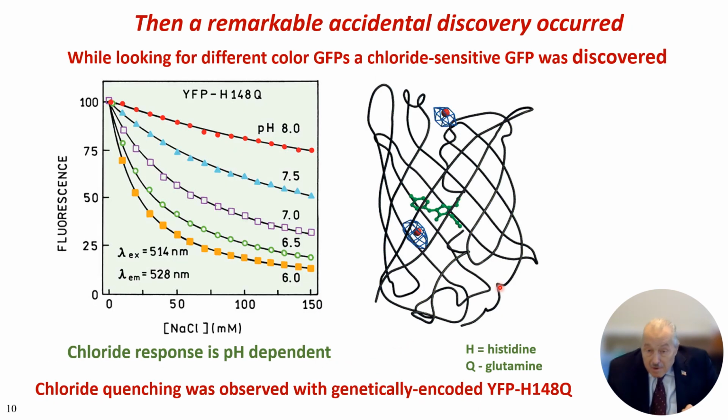Then we had a remarkable discovery, which changed how chloride concentration measurements would be done in the future. While looking for other color GFPs, they made a yellow fluorescent protein, and lo and behold, they discovered that the yellow fluorescent protein was sensitive to chloride.